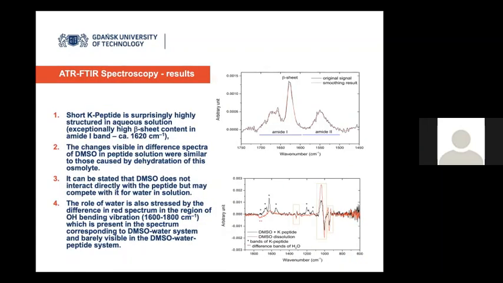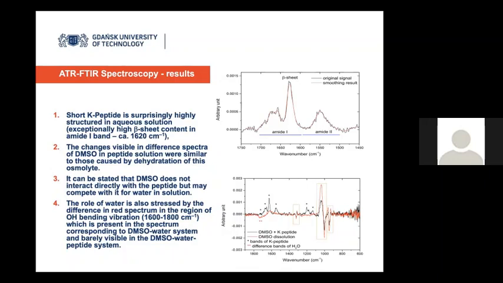As results of our study, we obtained that the changes visible in spectra were similar to those caused by the hydration of osmolytes. Much fewer water molecules surround the DMSO, which results in a lower intensity of the bands for the DMSO plus K-peptide system.